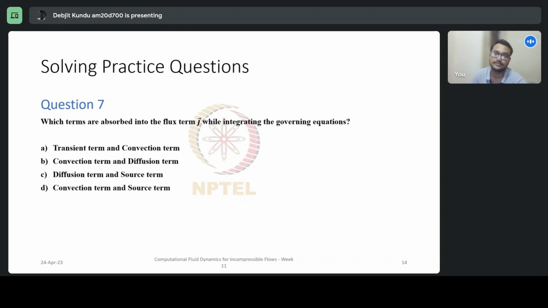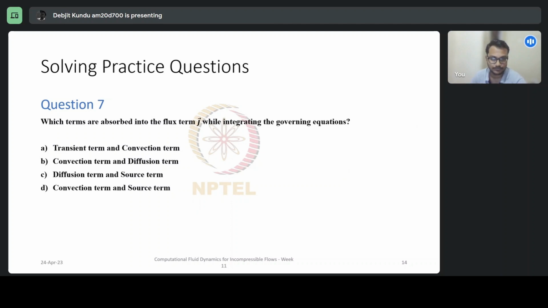So in that case, we define a flux term while integrating over a small control volume in finite volume method. So while doing that, there are some terms which get absorbed into the flux term. Which are those terms?